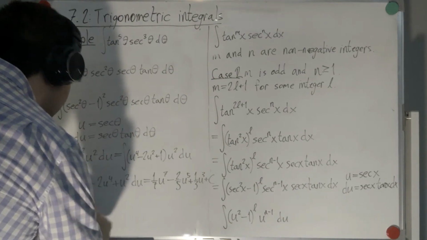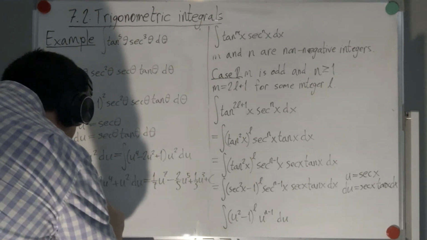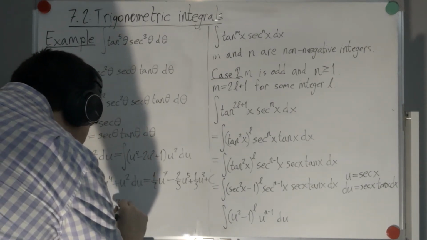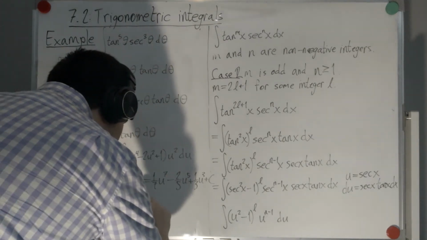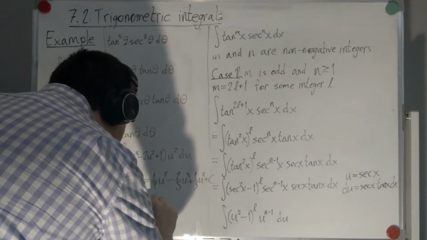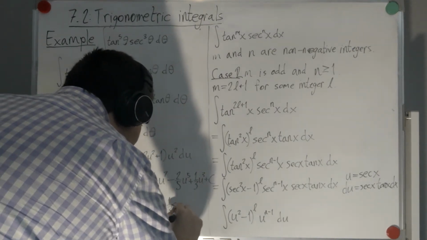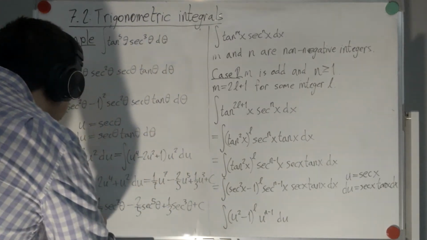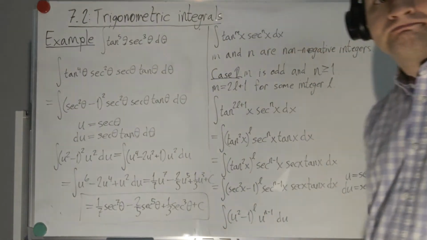And then finally, u is just a name for secant theta, so this becomes 1/7 secant to the seventh of theta minus 2/5 secant to the fifth of theta plus 1/3 secant to the third of theta plus c. And that will be our indefinite integral.